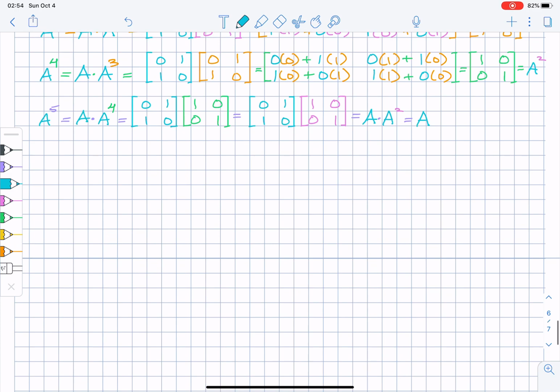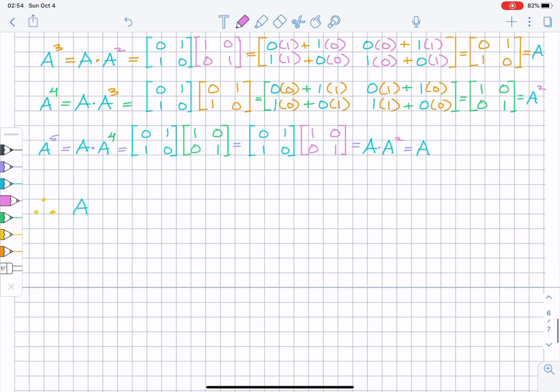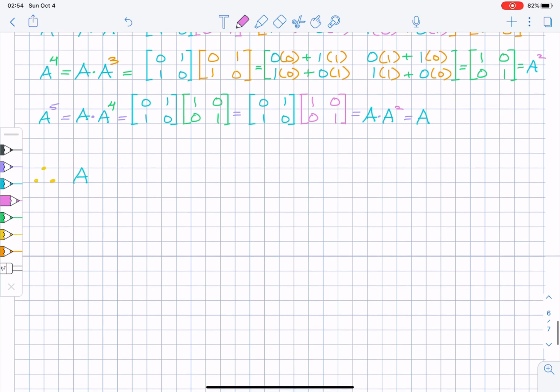Okay, so I'm going to say, therefore, I can conclude that A to the 2n, which was the even guys, is going to be equal to, whenever it's even, this matrix 1, 0, 0, 1.